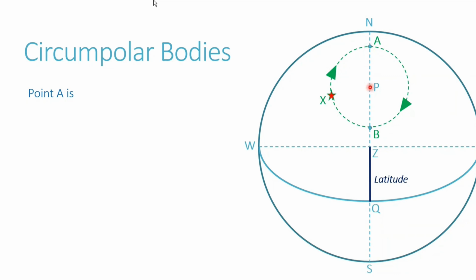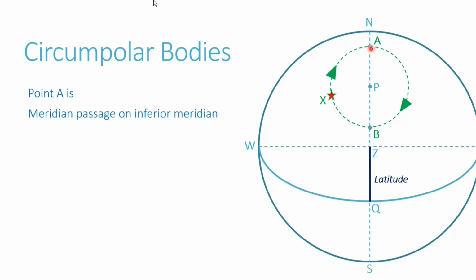When you go to the other side of the pole, this represents your inferior meridian, the reciprocal meridian. So at point A, the body crosses the inferior meridian, and at point B, it crosses the observer's meridian.